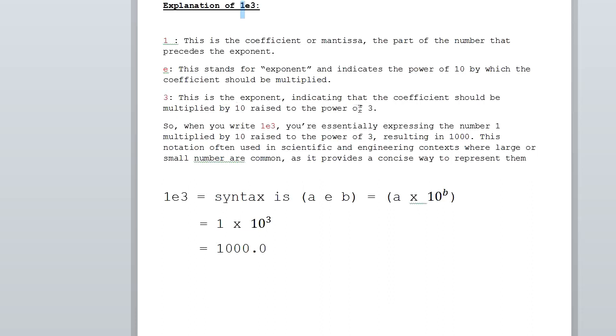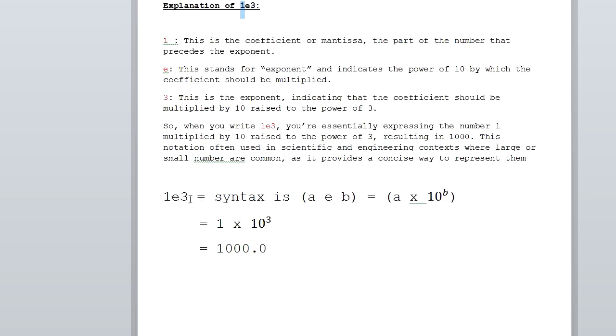And 3 is the exponent, indicating that the coefficient should be multiplied by 10 raised to the power of 3. So, when you write 1e3, you're essentially expressing the number 1 multiplied by 10 raised to the power of 3, resulting in 1000. This notation is often used in scientific and engineering contexts, where large or small numbers are common, as it provides a concise way to represent them.